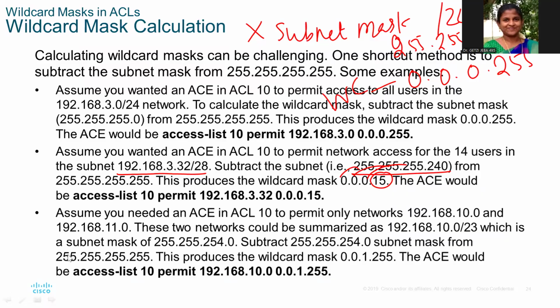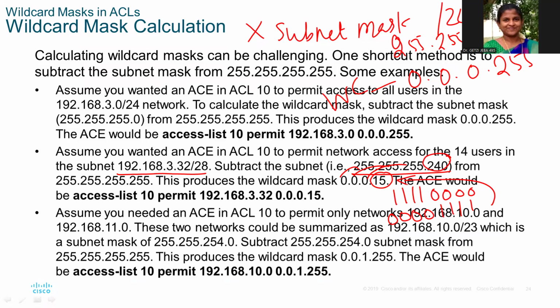For example, 240 I'm writing only the last octet as 1, 1, 1, 1, 0, 0, 0, 0. The opposite is 0, 0, 0, 0, 1, 1, 1, 1, which is nothing but 15. That is the entirely opposite one.